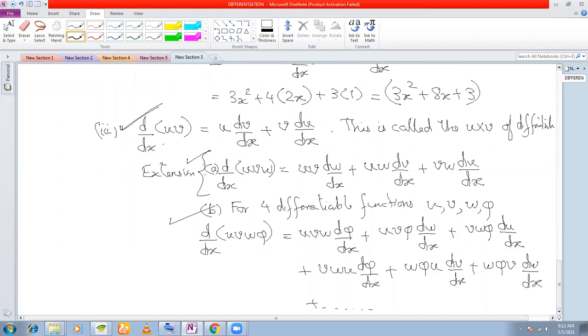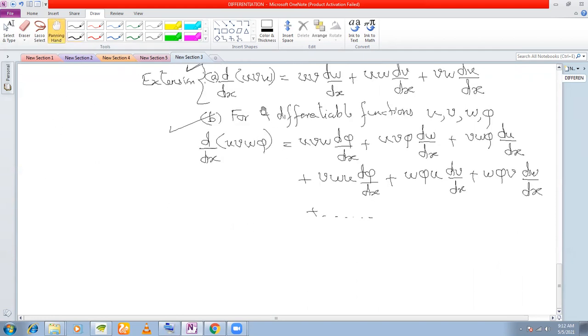For the time being, you remember 2 functions definitely. For 3 functions, try to see the pattern, because it is not too difficult to remember. If you know it for 2 functions, you'll be able to do it for 3 functions also. No problem there. For 4 functions, I've shown you just to show you the pattern, nothing else. Okay, this is your U into V rule.